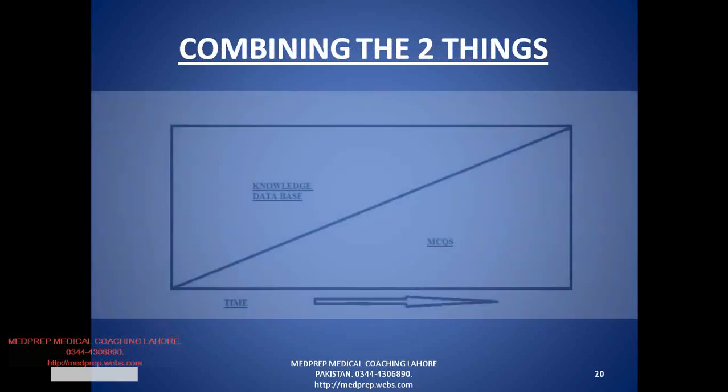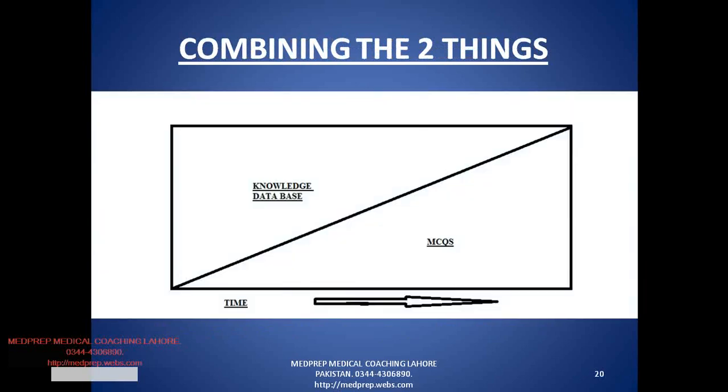Now this is a graph to show how you should plan to get both these things. Initially, when you start your preparation, you are right here. You should try to achieve as much knowledge database as possible by reading the lecture notes, by coming to the academy, or by watching the Kaplan video lectures.